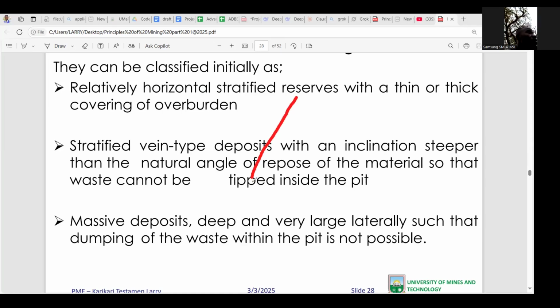Mostly, we can get all deposits lying like this. Let's say here is the surface. Let me choose a different color. What it means is that from here to here, they are all waste.